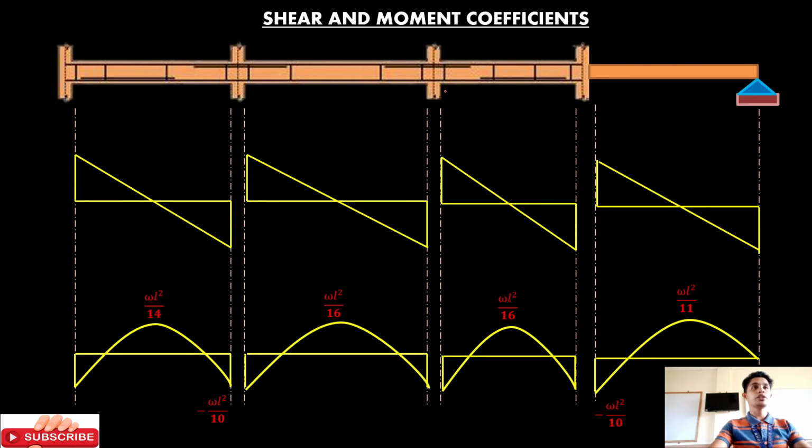Since ito interior support, WL squared over 11. Then dito, ang tira is interior face of the exterior support. Ano yun? WL squared over 16. So, yun yung mga negative moments natin.